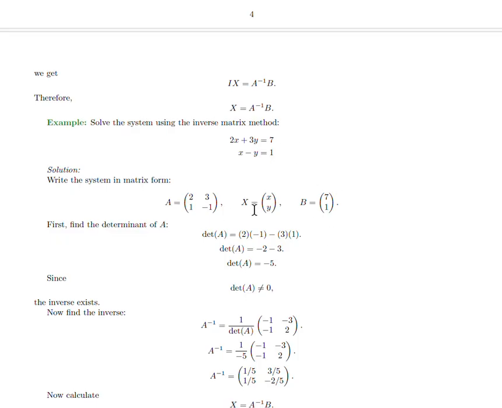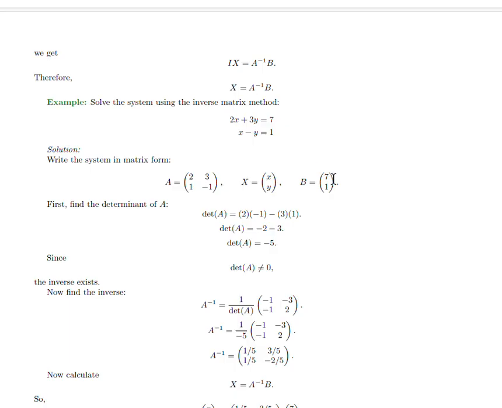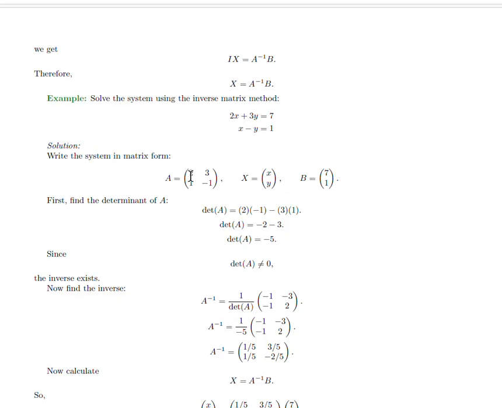So we said X will be equal to A inverse B at the end of the day. So we need A inverse first of all. But to obtain A inverse, we need the determinant of A. This is the formula for A inverse. A inverse is 1 over the determinant of A, and then for a 2 by 2 matrix, you switch the values on your main diagonal.